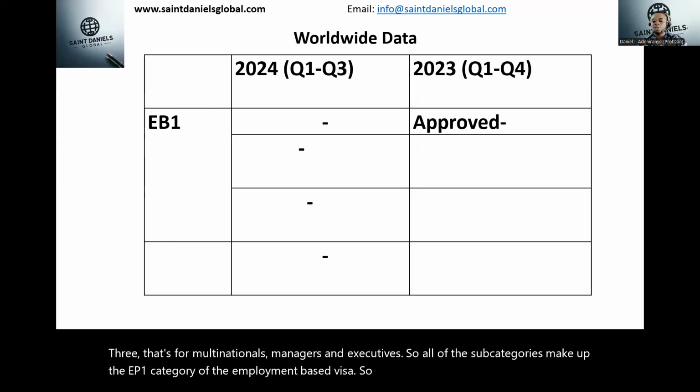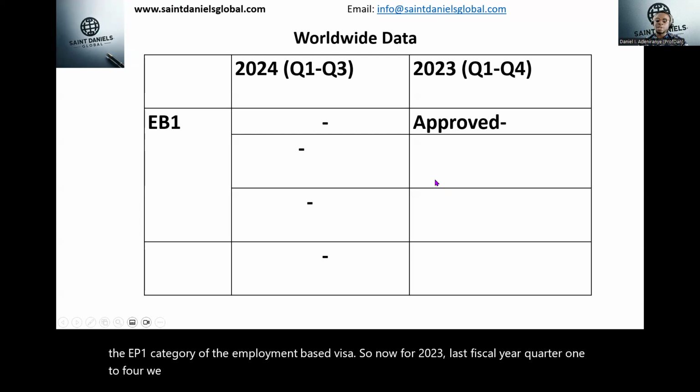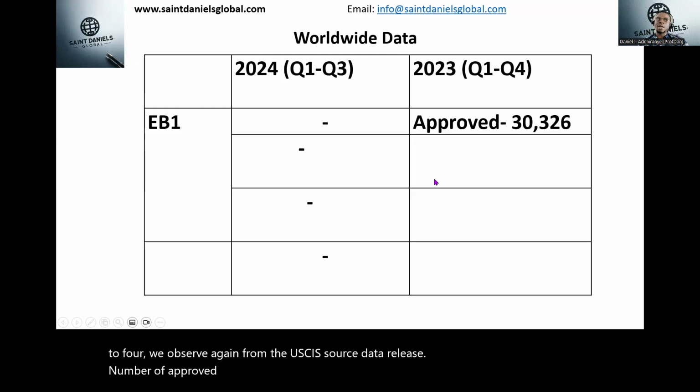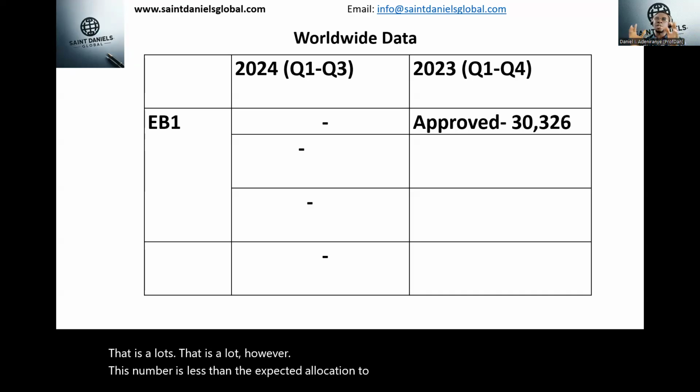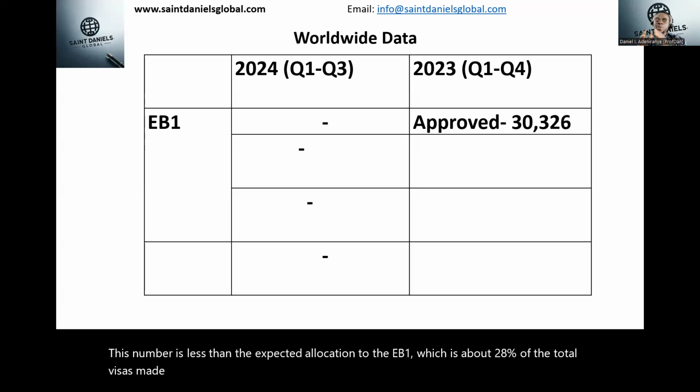So for 2023, last fiscal year, Q1 to 4, we observe from the USCIS source data release a number of approved cases of 30,326. That is a lot. However, this number is less than the expected allocation to the EB1, which is about 28% of the total visas made available for the employment-based EB1 to 5 categories.